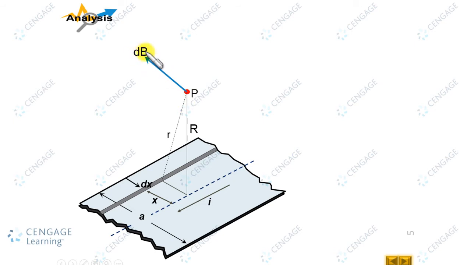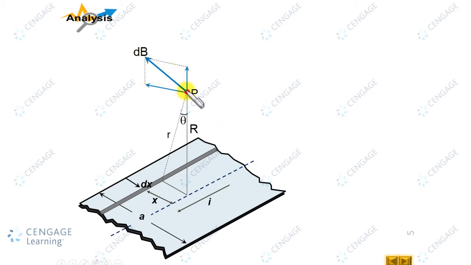This is the direction of the magnetic field, dB, right? And the distance of this point P from this infinite wire is small r. So here we can write the magnetic field due to this elemental wire is mu naught divided by 2 pi, di divided by small r, right? This is the formula we need to use, and we can make the components of this.